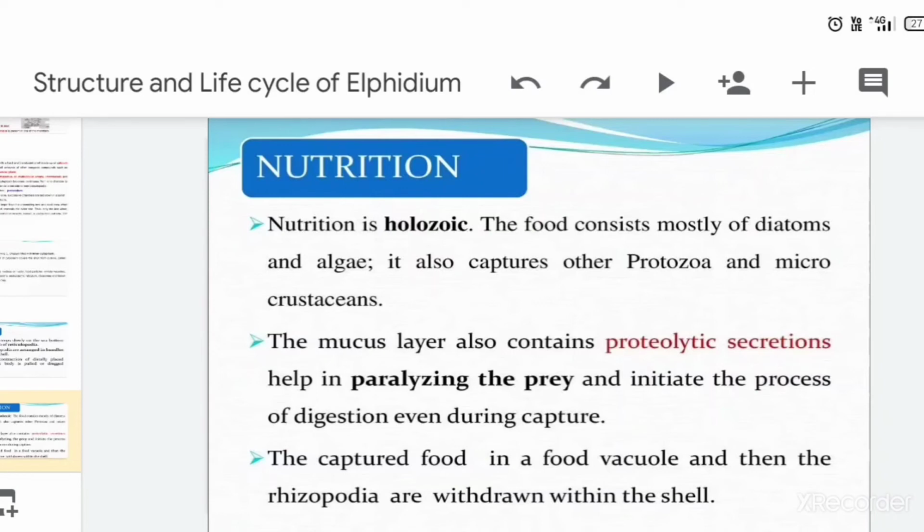The mucus layer also contains proteolytic secretions, which help in paralyzing the prey and initiate the process of digestion even during capture. The captured food is held in a food vacuole, and then the rhizopodia are withdrawn within the shell.